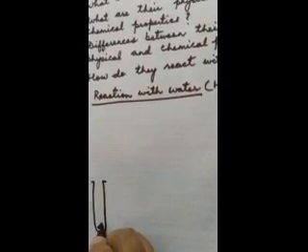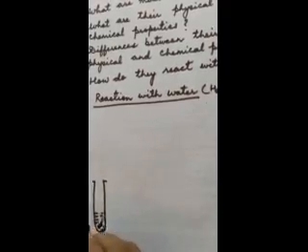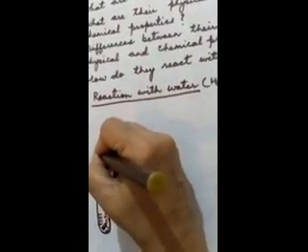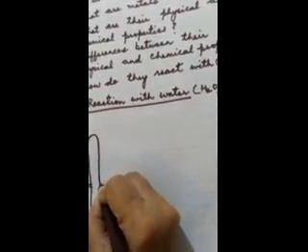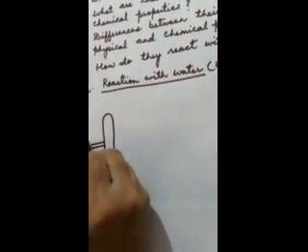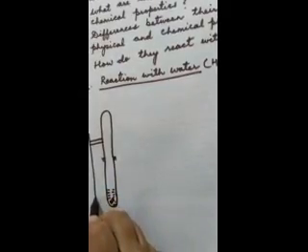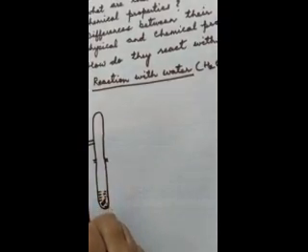This is a test tube in which magnesium ribbon is placed, and then it is half filled with water, and then a test tube is just inverted over its mouth, and the setup is made fixed with the help of a stand.